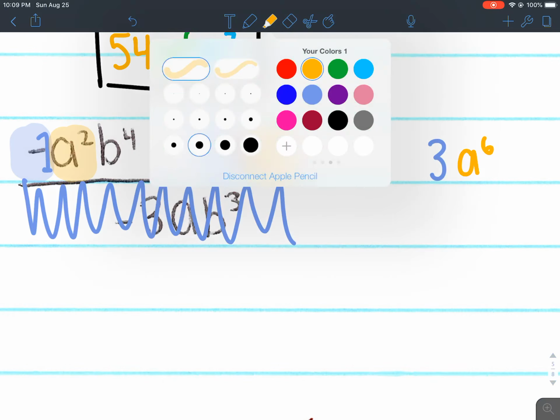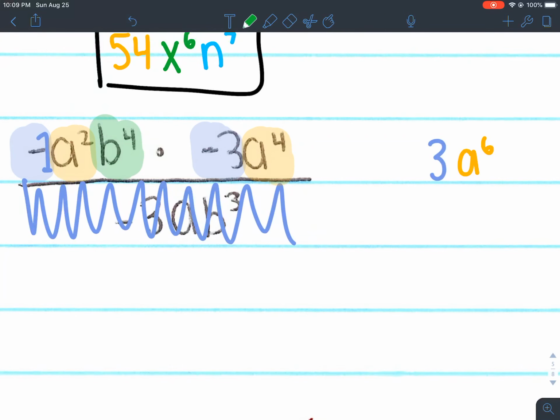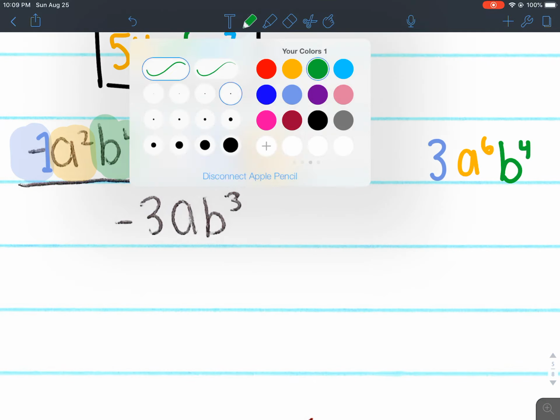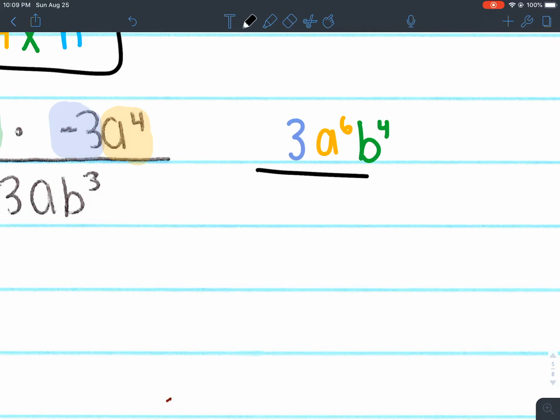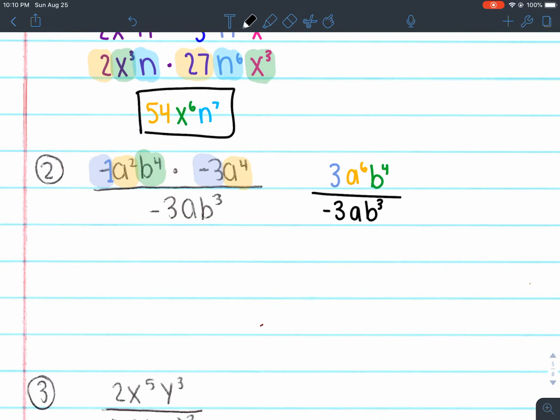And then this b to the 4th doesn't go with anything else, so this is just going to be b to the 4th by itself over here. Now that I'm done simplifying the numerator, I can go ahead and add in the denominator again. So it's going to be divided by -3ab cubed.